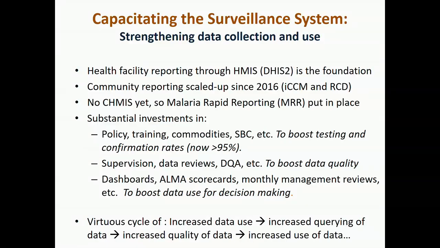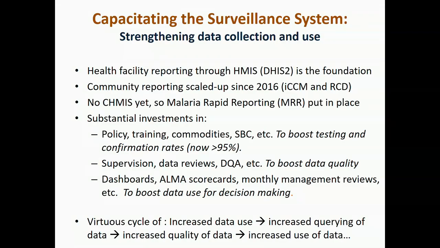This allows us to have weekly reporting data so that we can track the number of cases, as well as the use of commodities for testing and treatment at both community level and health facility level.